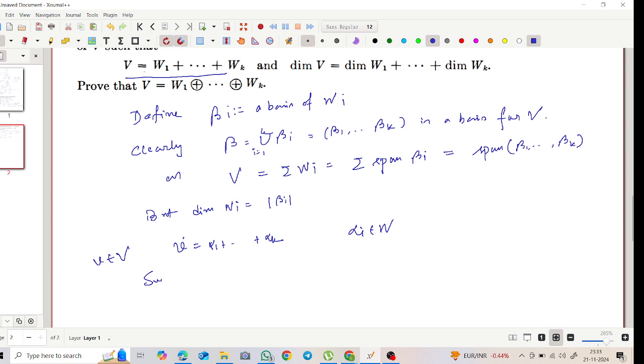So suppose V is again, not beta 1, so let's say V1 to Vk. Can I say this representation is unique? Otherwise I won't be able to. Somebody is saying something.